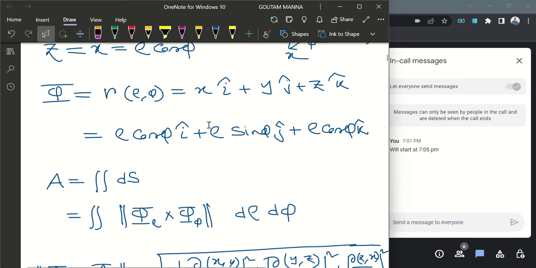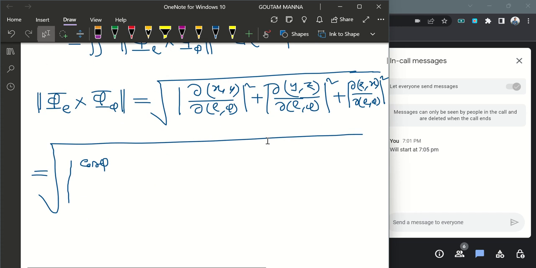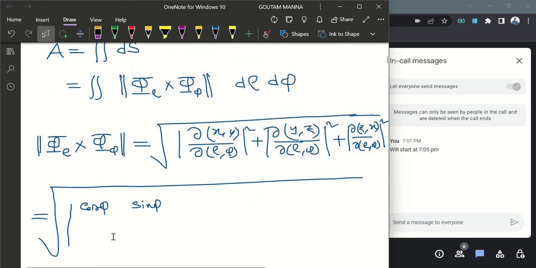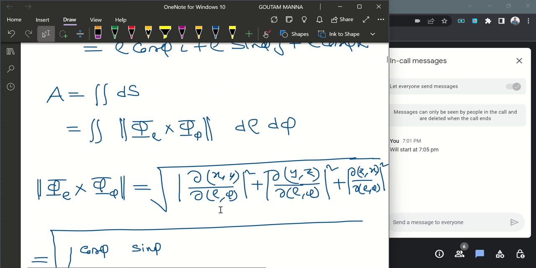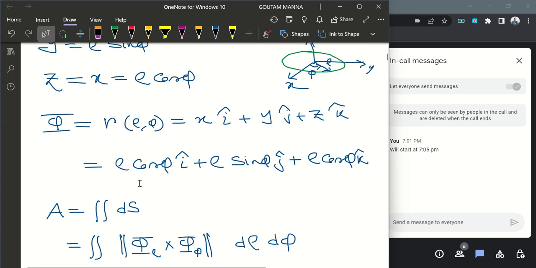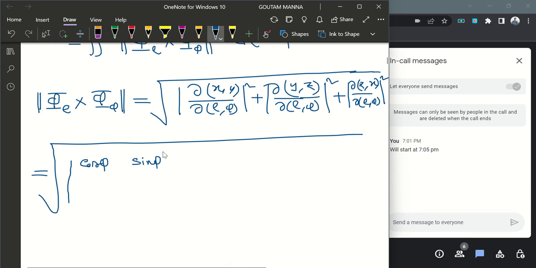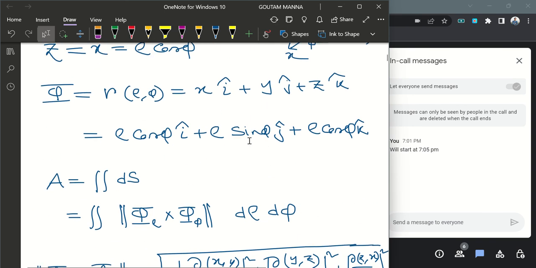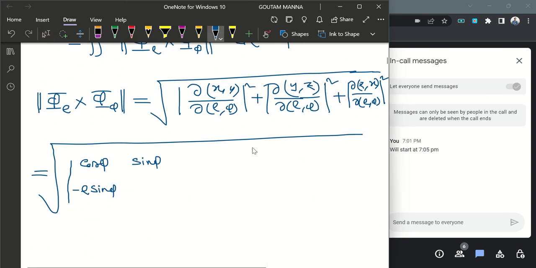The second element is del y del rho, and y is rho sin phi, so del y del rho will be just sin phi. Then here it will be del x del phi, so it will be minus rho sin phi. Similarly here it will be del y del phi, and y is rho sin phi, so it will be rho cos phi.